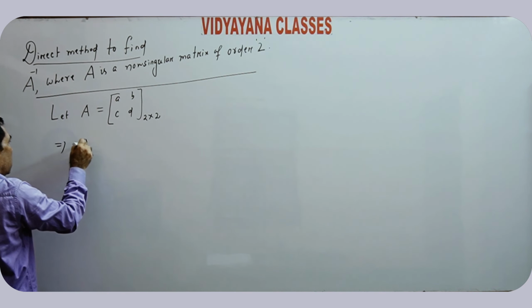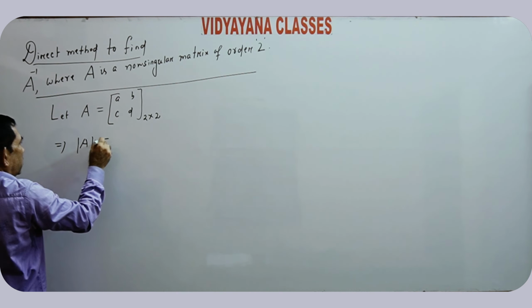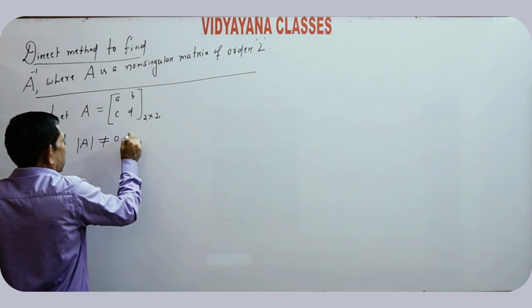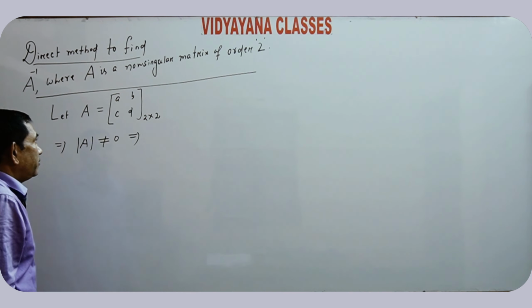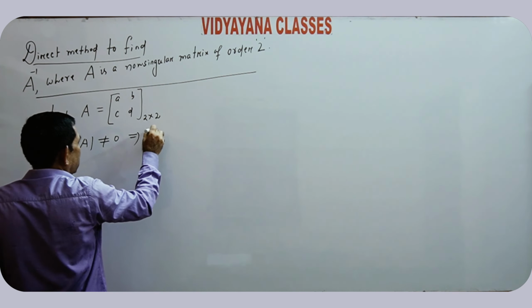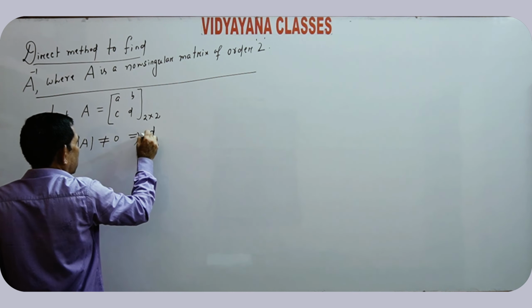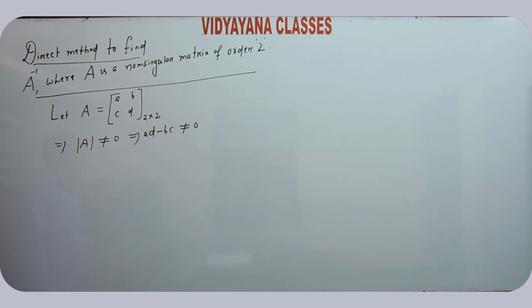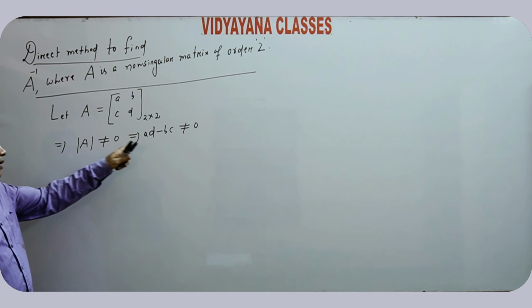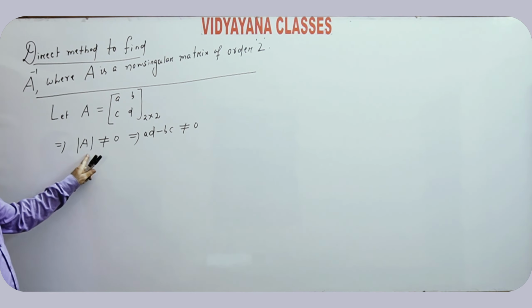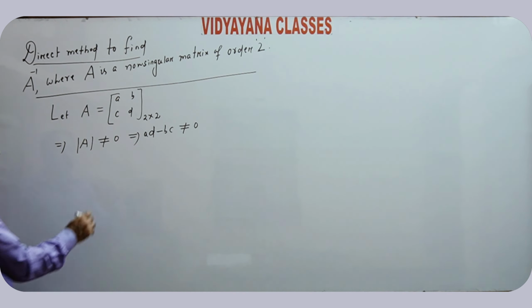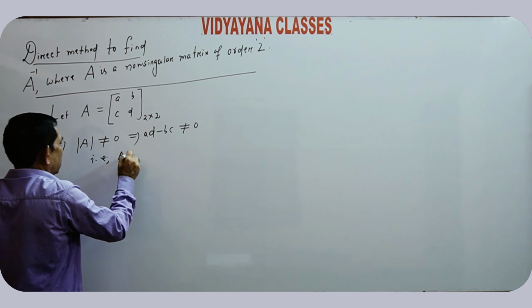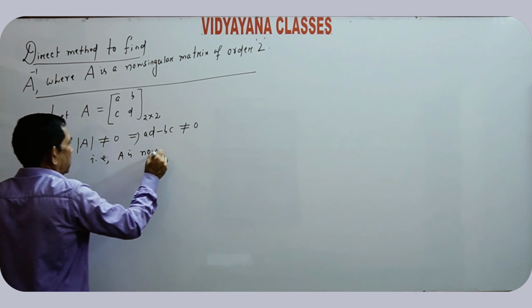Implies the determinant of A is not equal to 0, that means A is non-singular. The determinant of A, that means ad minus bc, is not equal to 0. Clear? That means A is non-singular.